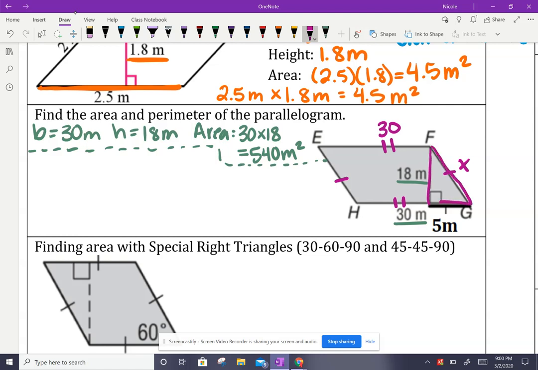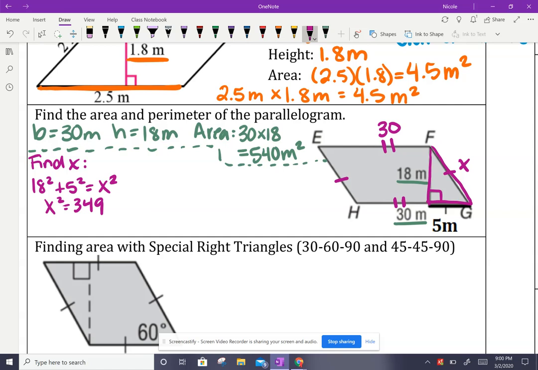And if I look there, I have a right triangle. And so if I want to find the missing side of a right triangle, all I have to do is a little Pythag. So first, to find X, I'm going to do a little Pythag. So 18 squared plus 5 squared equals X squared. And with my handy dandy calculator, that tells me X squared is equal to 349.